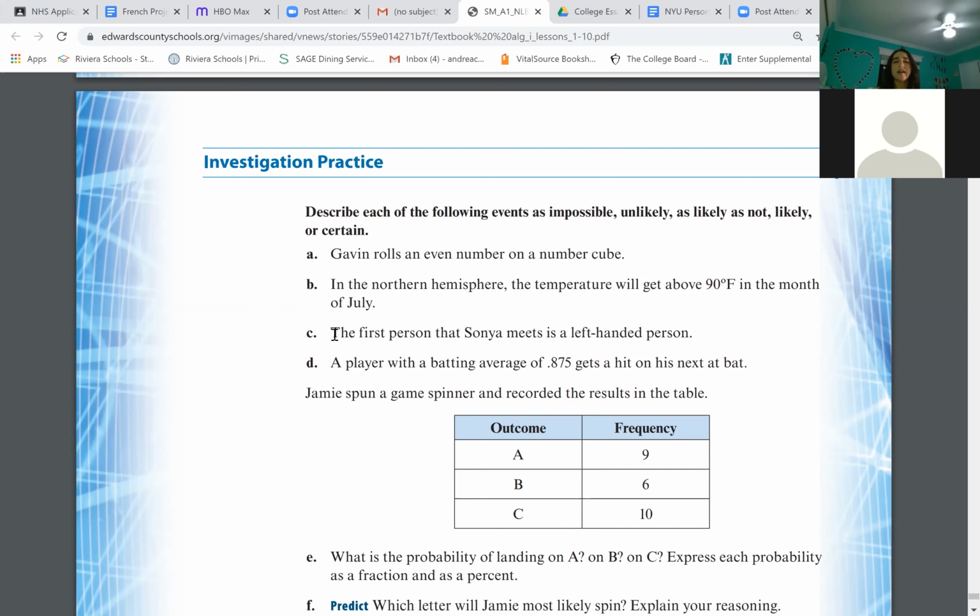Unlikely, I'd say that's unlikely. Wait, it means the first person. I'm guessing if she's in a crowd, the first person that she talks to is left-handed. I think that's what they mean. It's unlikely. Wait, but is a left-hander more unlikely than right? Yeah.